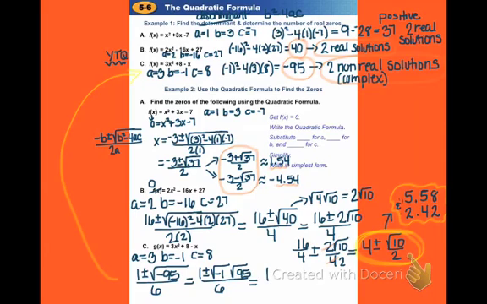So I could write this as 1 plus or minus i square root of 95, and the whole thing over 6. There's really nothing more I can do to simplify that, because I can't reduce anything or take anything out of the 95, and that really is my solution. And I guess you can probably see why we call these complex solutions now, because they look pretty complicated.